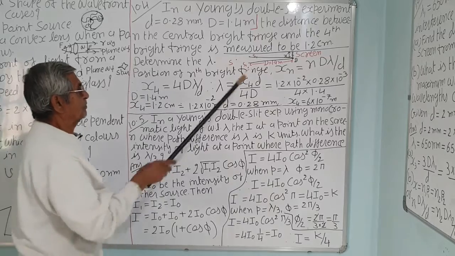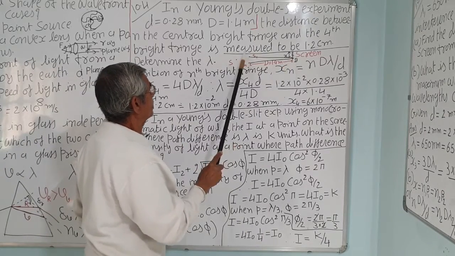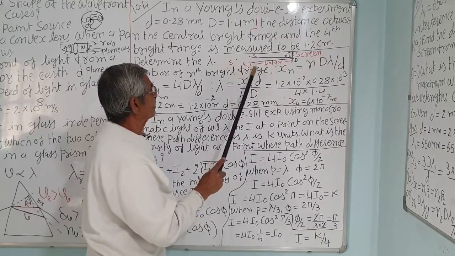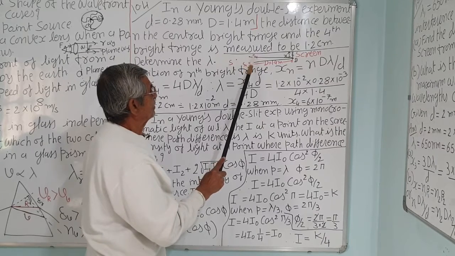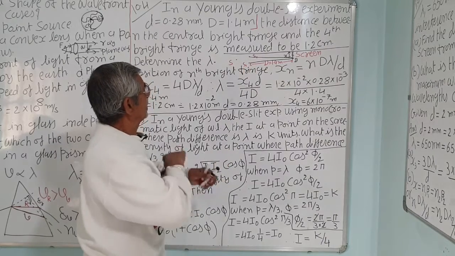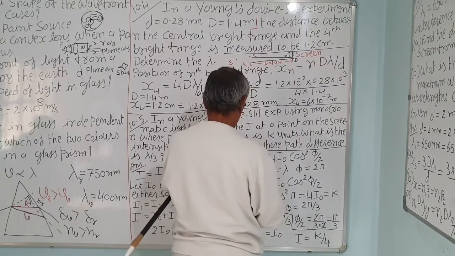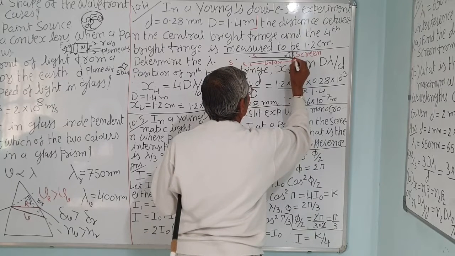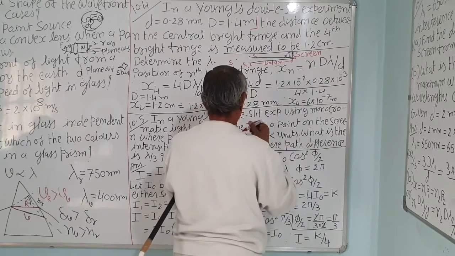This is at equidistance, the central bright fringe, because these distances are equal, so there is no phase difference. Whatever the distance travelled by the wave originating from S1, that is S1P, if you say this is point P, and this point is O, then O is the bright fringe.